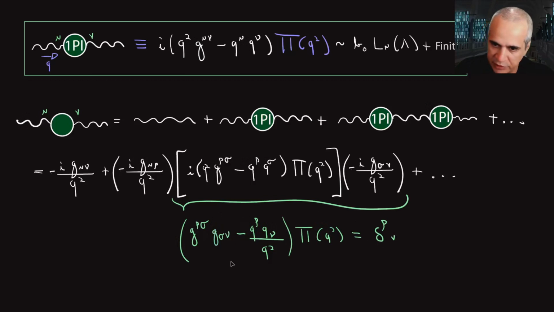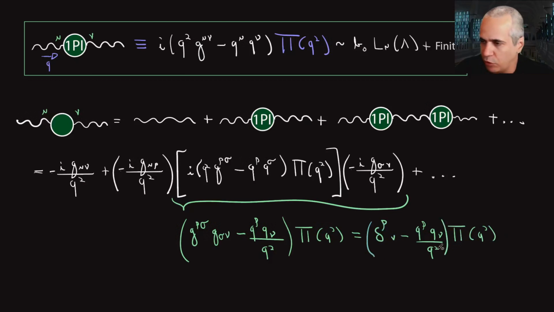Because of this contraction, minus q rho q nu over q squared. Again, times p mu nu. And all of this is applied to pi, right? And I want to call this thing in parentheses here delta rho nu.